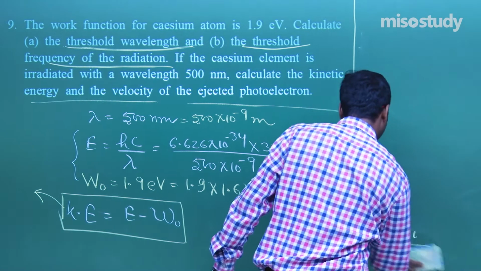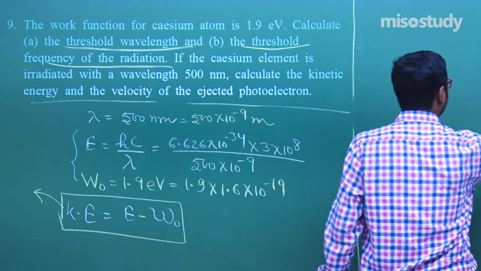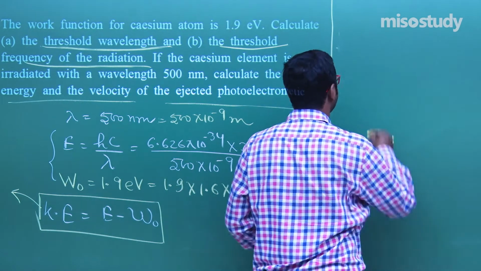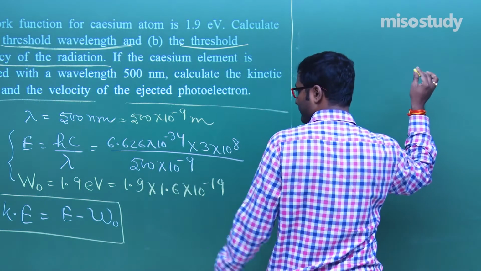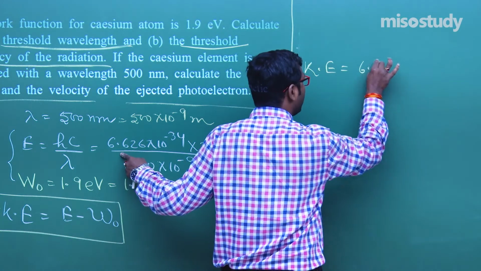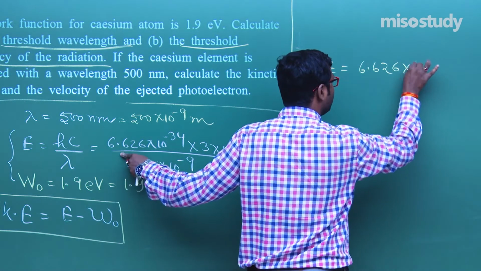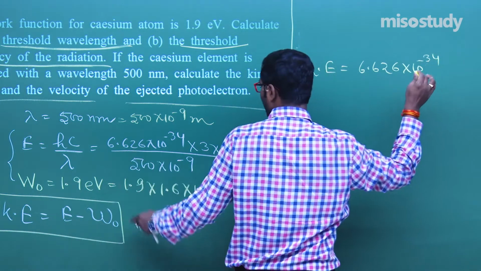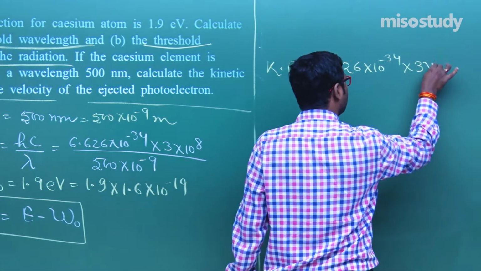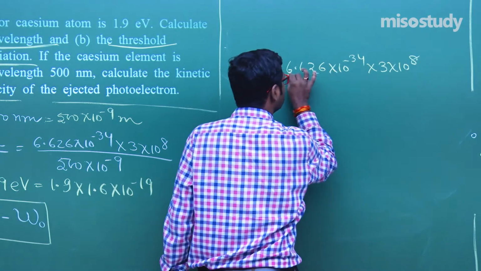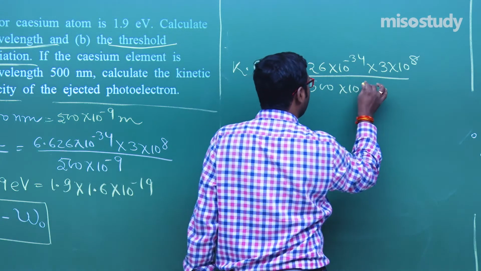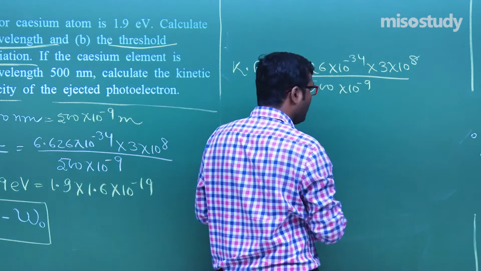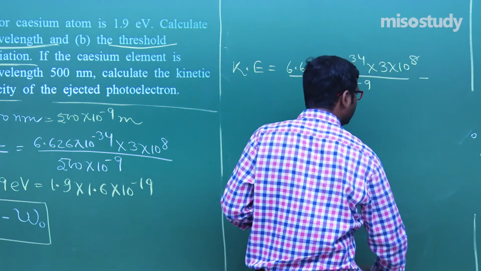That is the approach. We need to approach the question. Put here, kinetic energy is equal to, what is E? That is 6.626 into 10 to the power minus 34 into 3 into 10 to the power 8 upon 500 into 10 to the power minus 9, minus W naught.